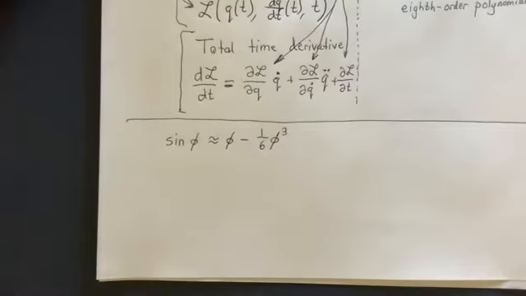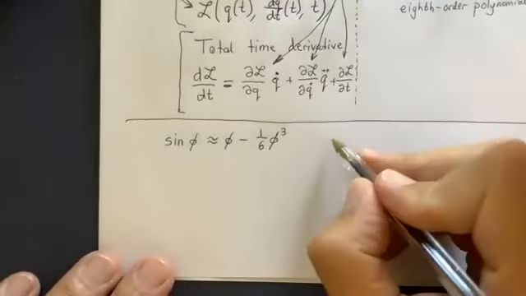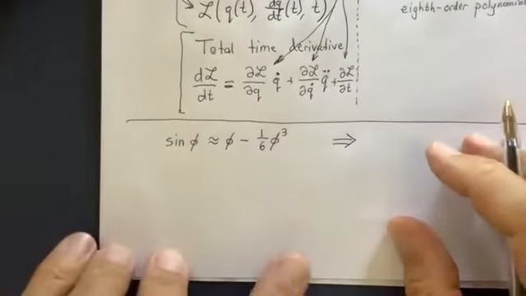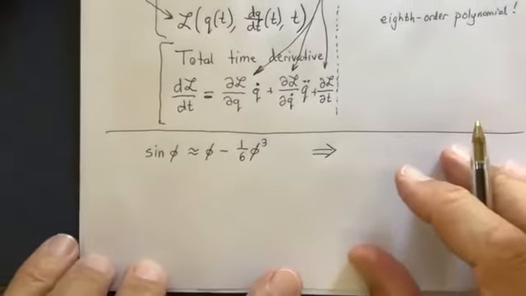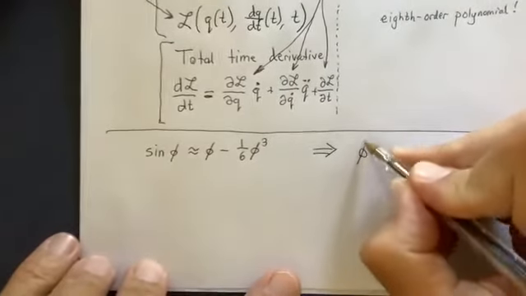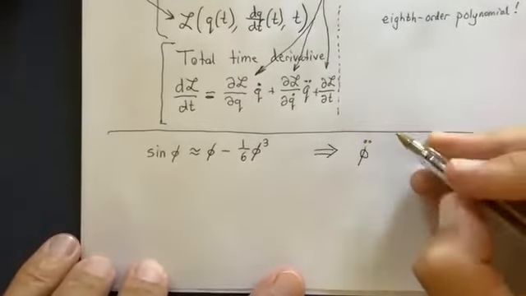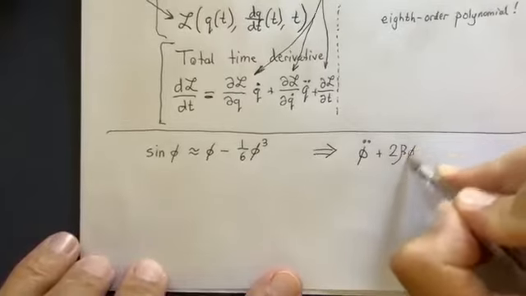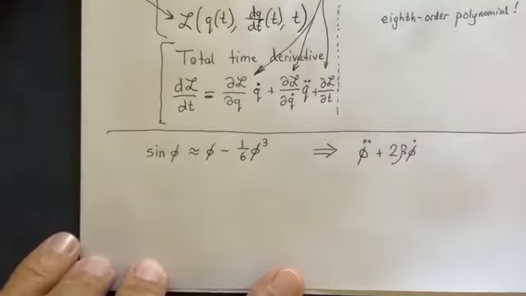Let's look at the implications for our problem. The differential equation that we were just looking at, we have a modified structure. We've got the phi double dot. We got the term with the first derivative.